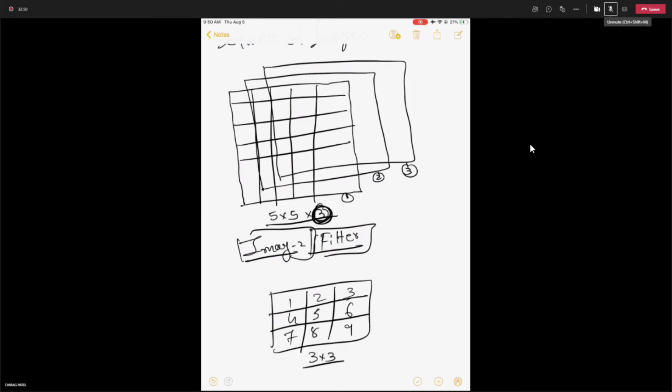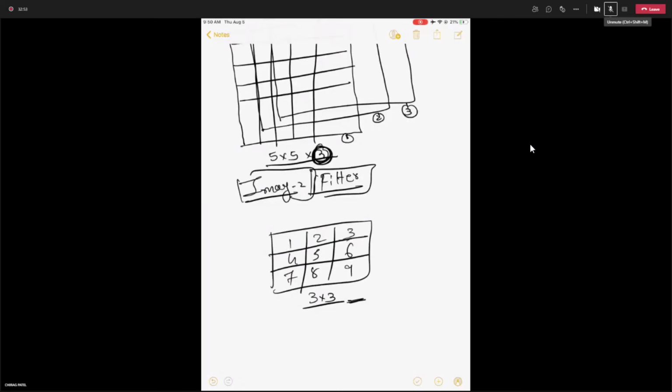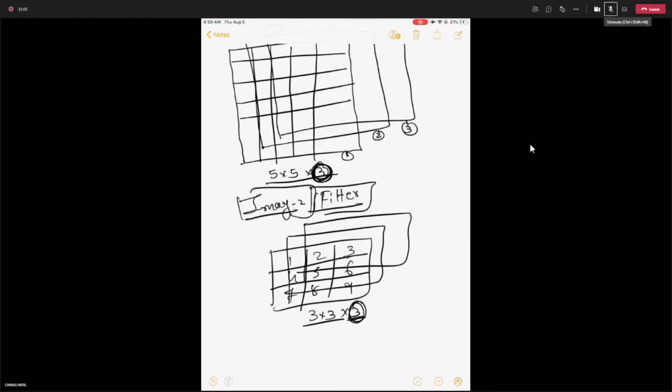So this and this third element should be matched. Then and then your convolution process has been started. So rather than this, we also need a sequence of filters. So this and this should be matched.